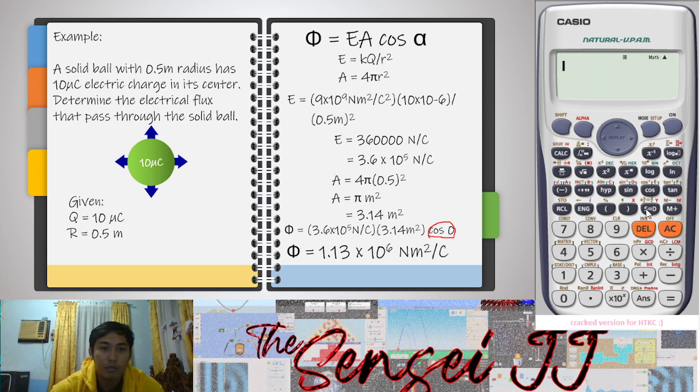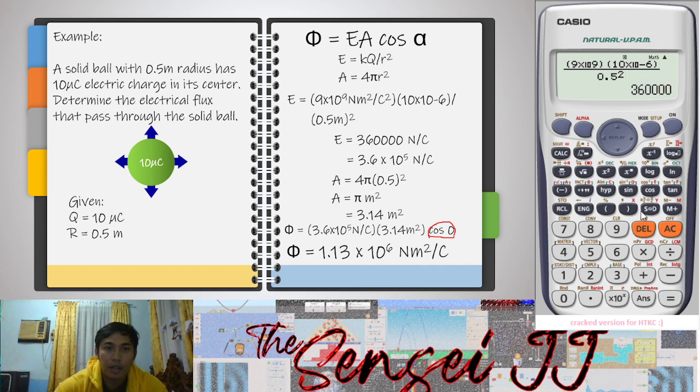Okay, so let's try this first. 9 times 10 raised to 9, which we did not press earlier. So let's try to solve this: 10 times 10 raised to negative 6 microcoulomb all over our radius of 0.5 meter squared.